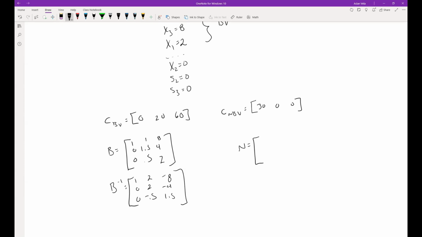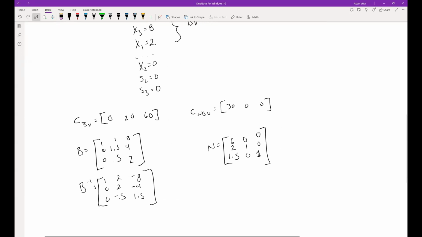And you can see I'm trying to organize it between basic variables and non-basic variables, but it's not so important. You can order it however you want. Okay, so these are all our matrices.